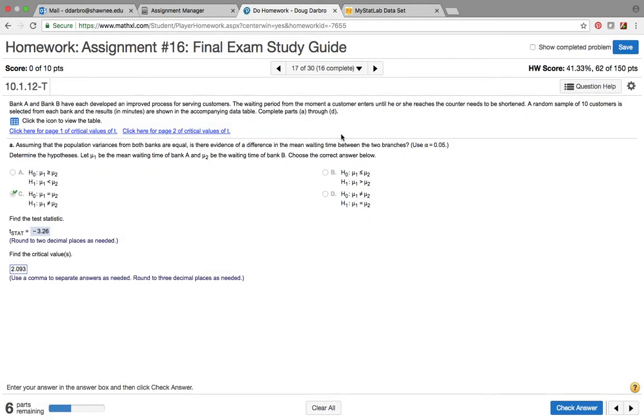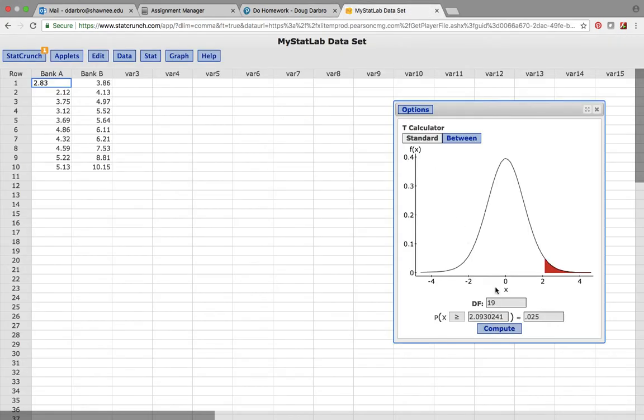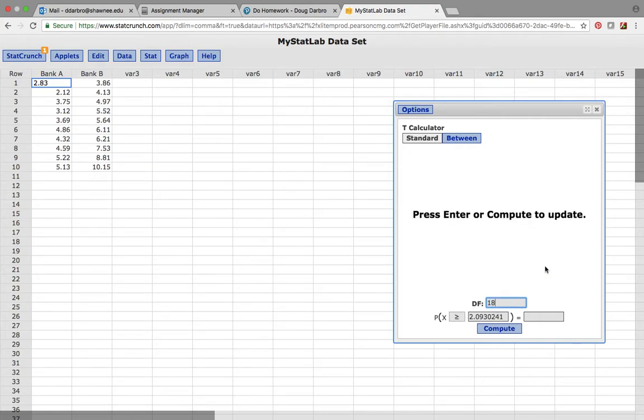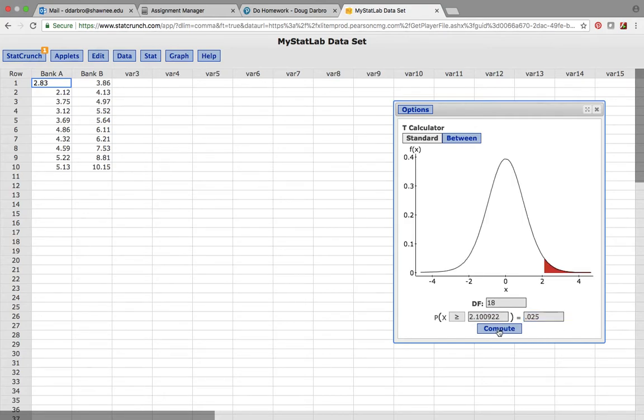Shoot, did you guys see what I did? I messed up. I went N1 plus N2 minus 1. It should have been minus 2 degrees of freedom, because you have 1 degree of freedom for each of the sample sizes. So it's essentially N1 minus 1 plus N2 minus 1, so it's N1 plus N2 minus 2. I would tell you it's the first mistake I've ever made, but it got sloppy there, guys. So 2.10.